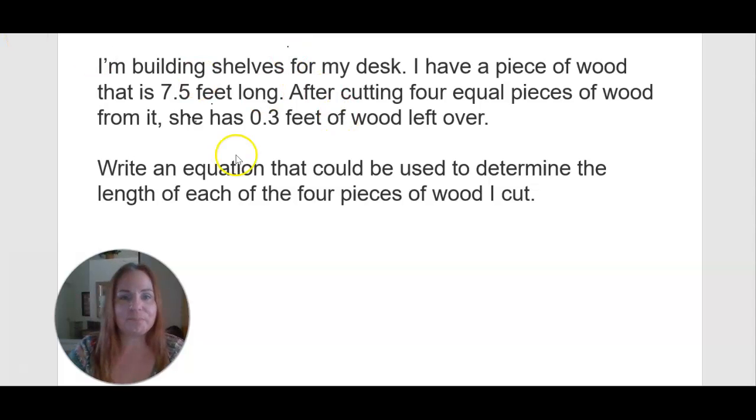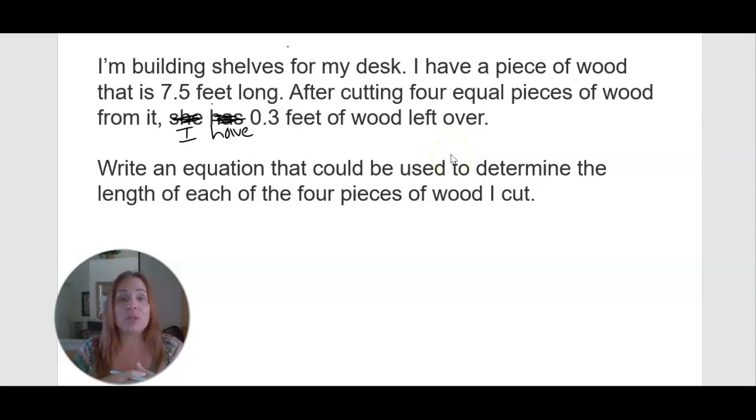Okay, well, I have 0.3 feet of wood left over. Write an equation that could be used to determine the length of each of the 4 pieces of wood I cut. Okay, so let's start with that equation, right?